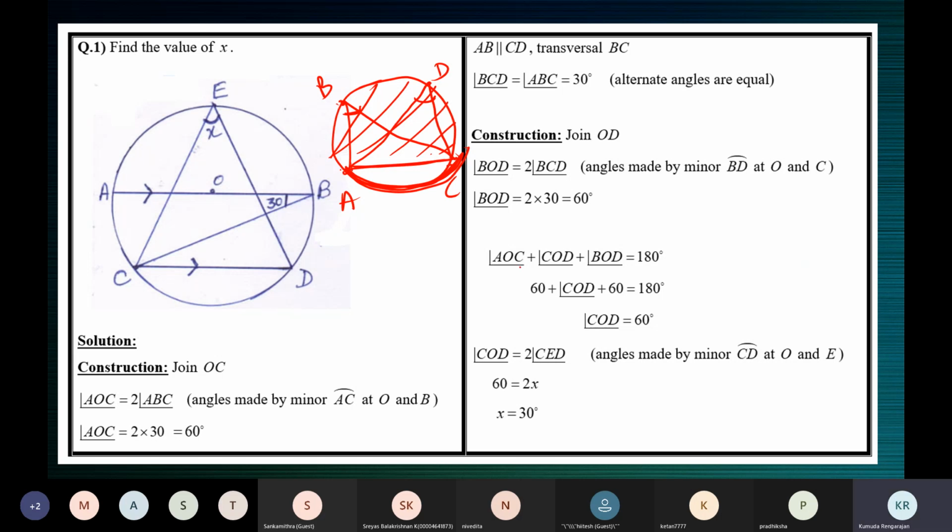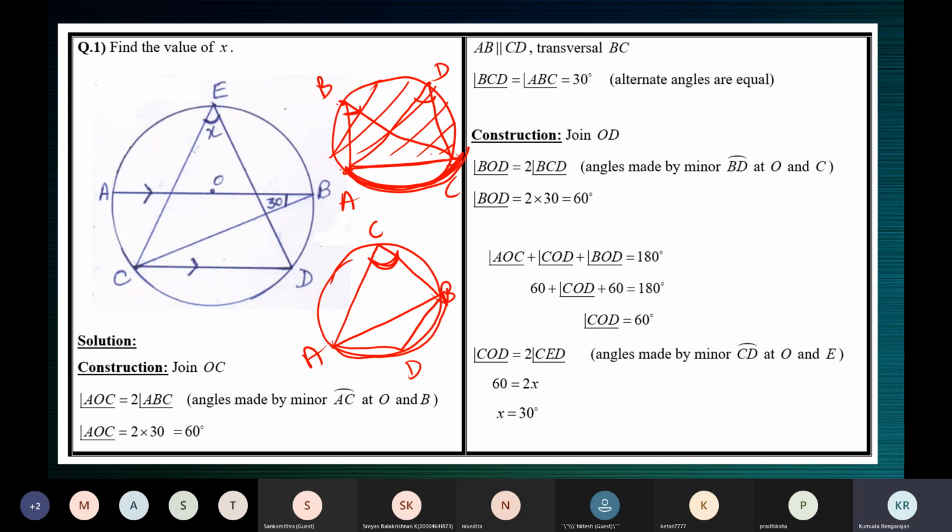But in this figure, see here, angle ACB is made by the arc AB.